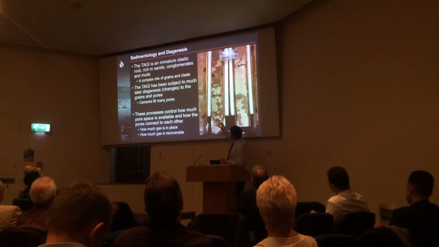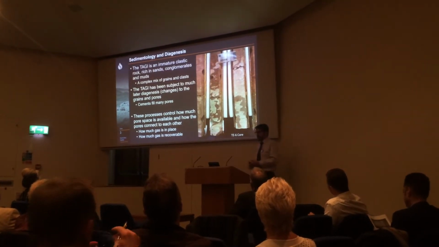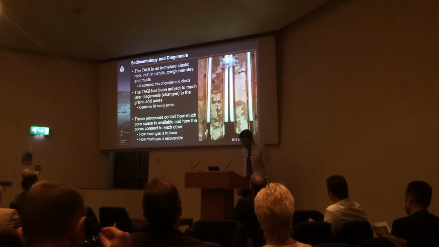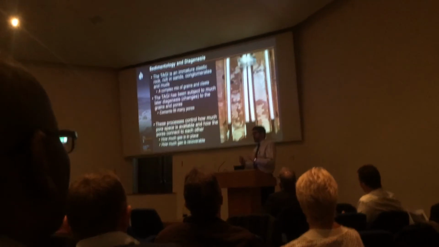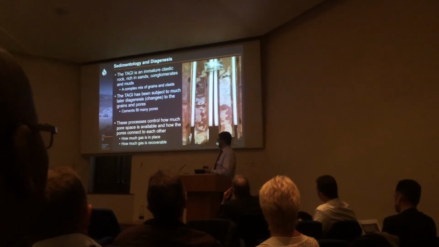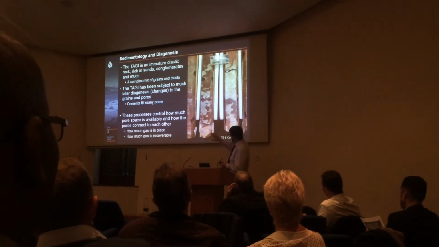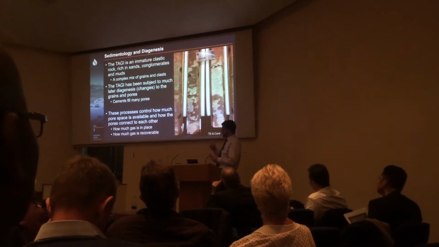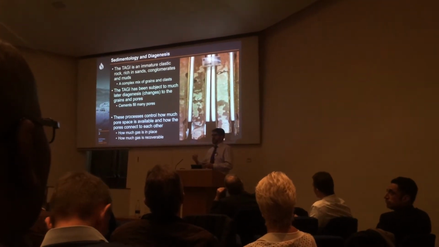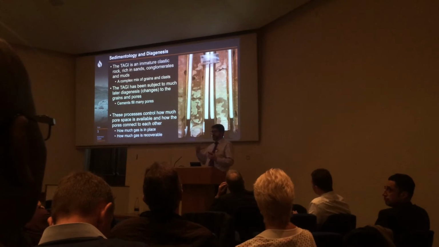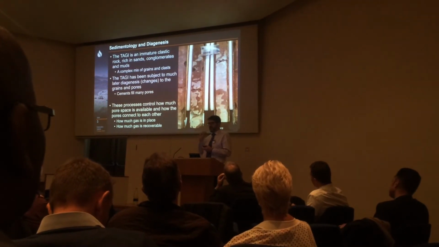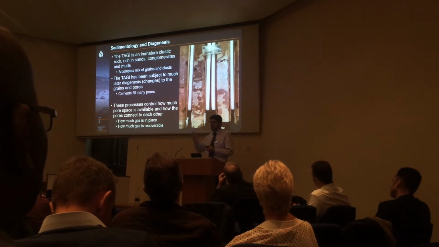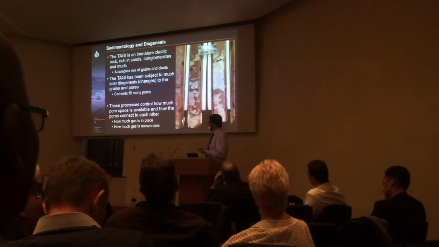And then there are areas which are not so good, which are light coloured here, and they're filled with cement. And the process of filling pores with cement we call diagenesis. I think I mentioned that on the slide. And really, diagenesis is a problem for us because it means you get a nice sandstone full of pores which can hold hydrocarbon, and in geological time they get full of cement and they get blocked up.